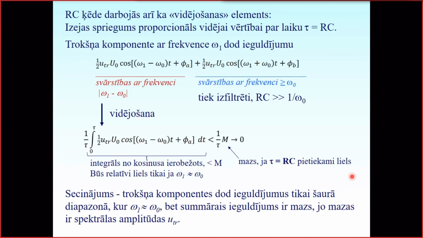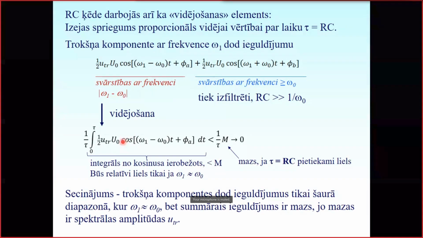And moreover, RC, so it's actually the average. And moreover, if my time constant is high enough, this average will be quite close to zero. Even if I'm not so lucky and it's integrated not over the full period but over part of the period, anyway, the cosine is a limited function.